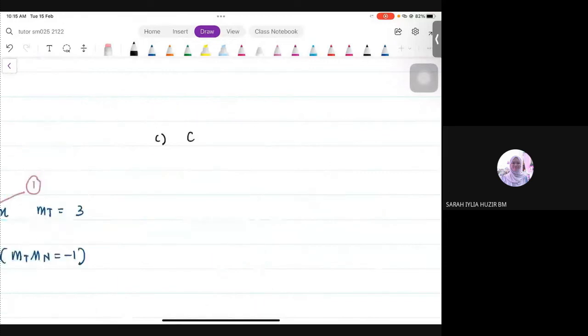So find the distance CA as usual, using the distance formula. I use center minus that point. So we would get, in this case, 13. You find the distance, you will get 13.